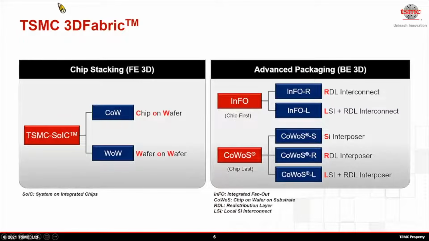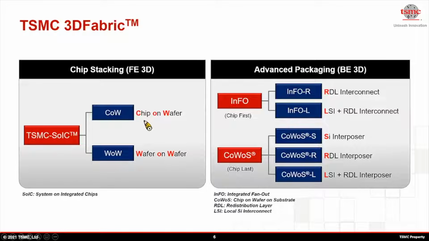There are several versions of technology structures for each technology group. For example, CoW, which stands for chip-on-wafer stacking, and wafer-on-wafer WoW stacking structures for SoIC, and also for chip-first, which is InFO integration.